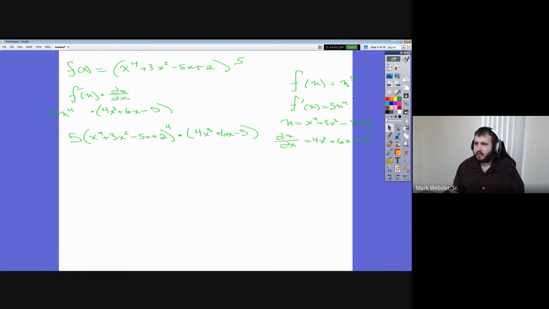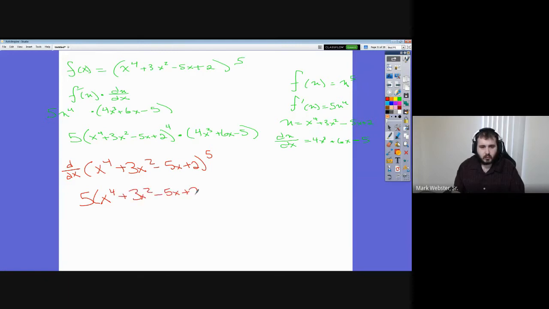That is to say, you should be able to, with practice, say, all right, well, here's my function. And you should be able to take the derivative of it quicker. Okay, derivative of the outside, take the 5, bringing it down. Times the derivative of the inside.